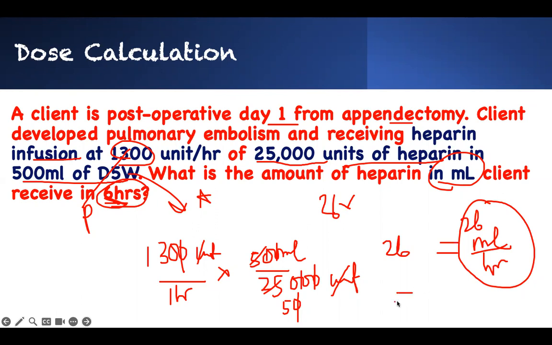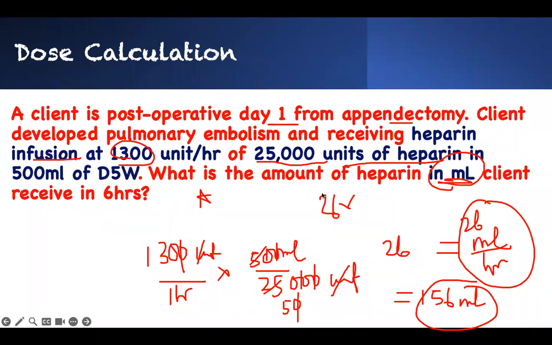So the client is going to get 156 ml of heparin. The answer has to be in ml because these are per hour and this is 6 hours. That's the way you do this question because they're asking how much heparin in 6 hours. So the amount that you get, you multiply by 6. You can put it in the beginning of the setup, where you put 6 hours over 1, and that will take care of it right away.